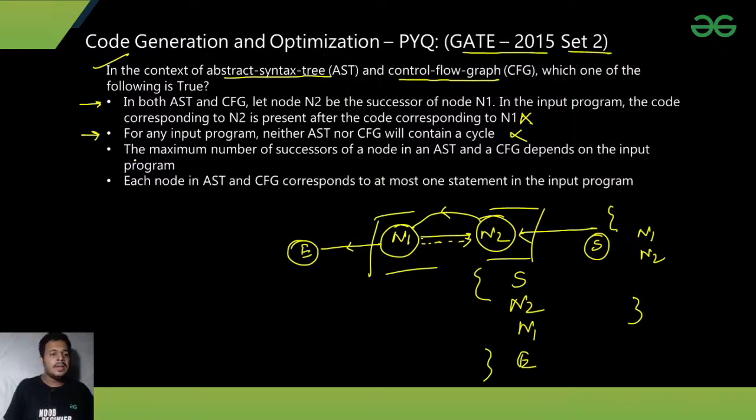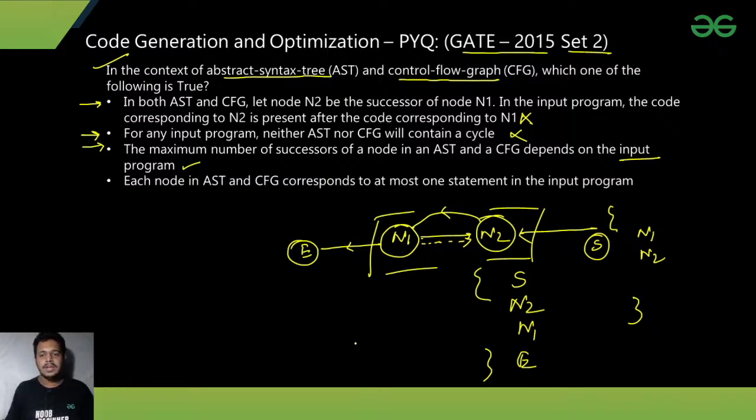The next one is that the maximum number of successors of a node in an AST and CFG depends on the input program. This option is going to be true, because the number of successors depends on the input program, which decides how the flow graph will look.